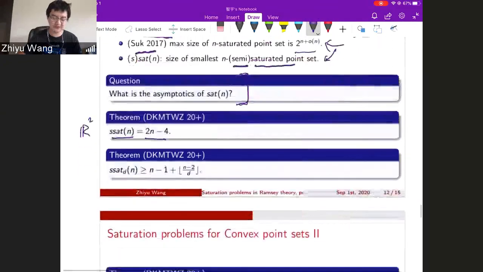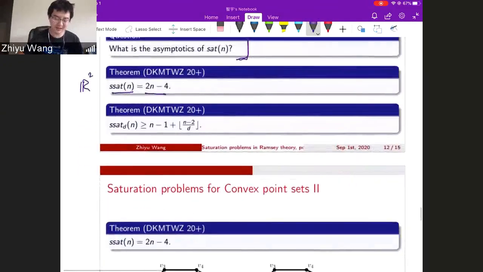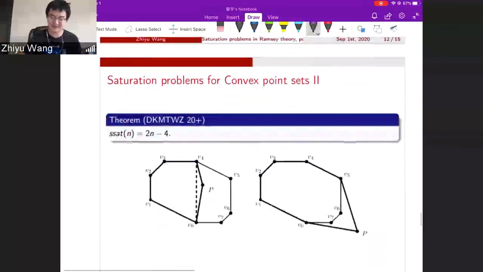The upper bound is quite easy. We want to construct 2n minus 4 points so that adding any new point gives us a convex n-set. We can construct 2n minus 4 points, and because it's even, we can make the sides parallel.